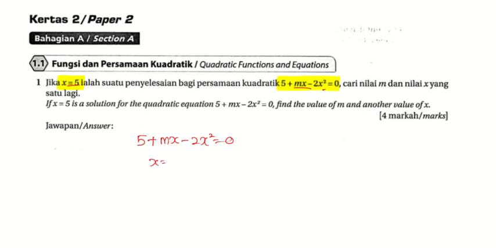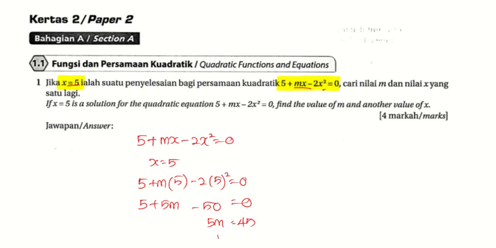Okay, x equals to 5. Then we substitute 5 plus m times 5 minus 2 times 5 squared equals to 0. 5 plus 5m minus 50 equals to 0. Okay. 5m equals to 45. M equals to 9. Yes, done.